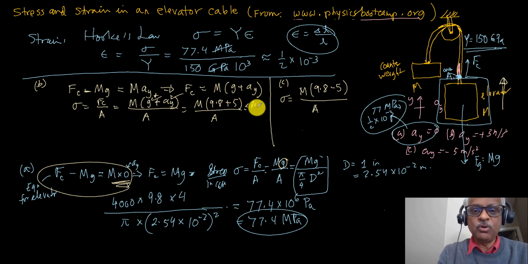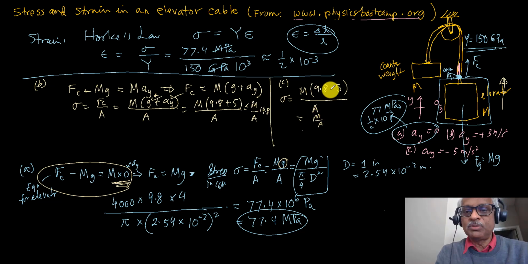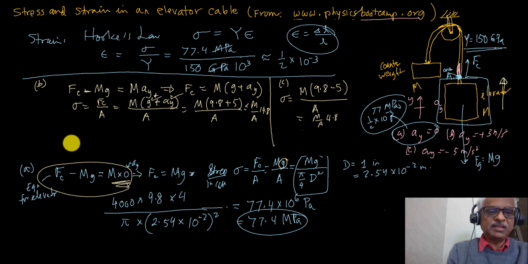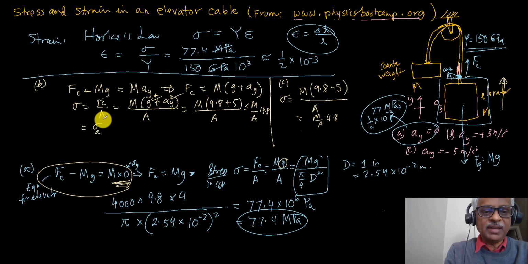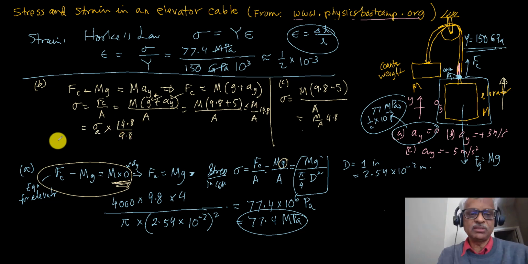So m over A times 14.8, and m over A times 4.8. This is basically sigma found in A times 14.8 over 9.8. I don't need to do more calculations, I just scale it.